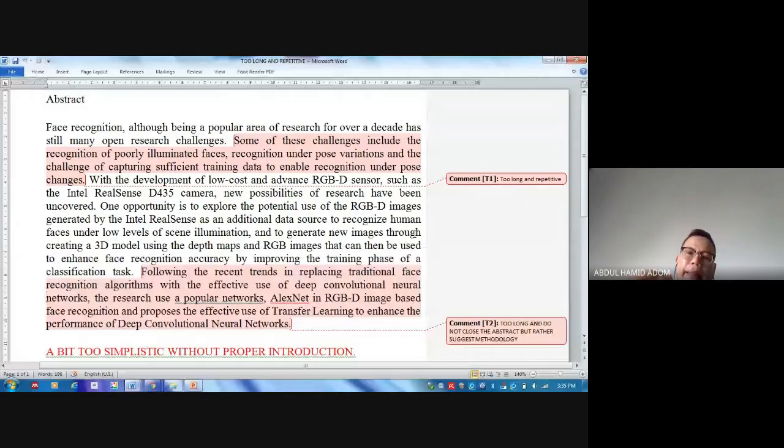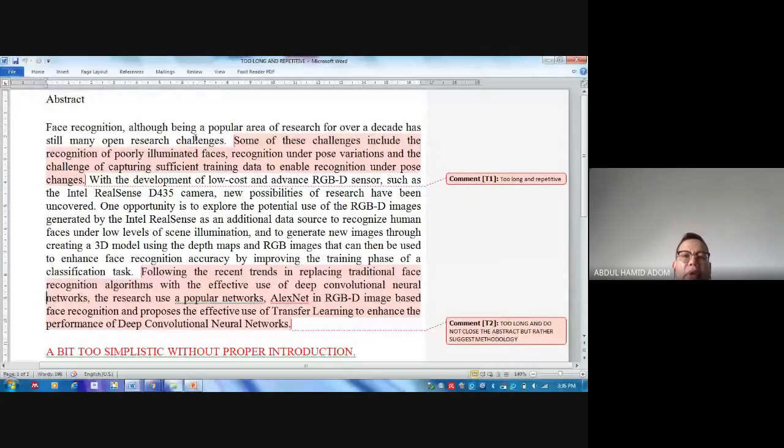Now we look at some examples of sentences that are too long. The first one: some of these challenges include the recognition of poorly illuminated surfaces, recognition under pose variations, and the challenge of capturing sufficient training data to enable recognition under pose challenge. There's a few things here.